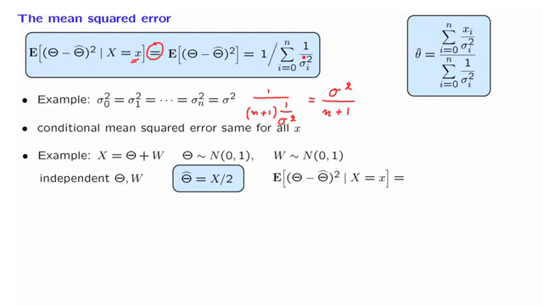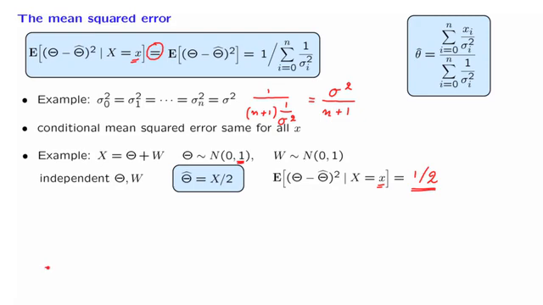We apply this formula. In fact, we're dealing with this special case with sigma equal to 1. So we use this expression here, and we see that it is 1/2. So we started with the prior variance for theta, which was 1. And after we obtain the observation, our uncertainty gets reduced and the variance goes down to 1/2. And this is true no matter what little x is.